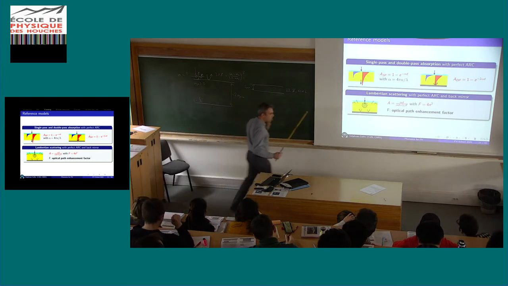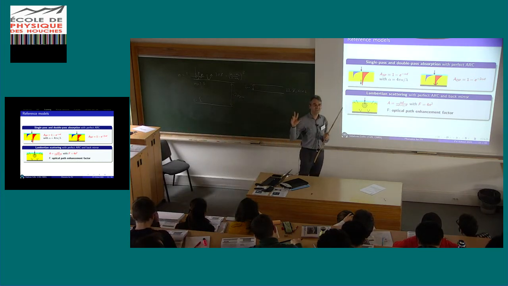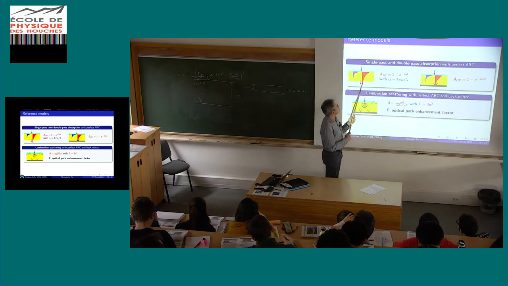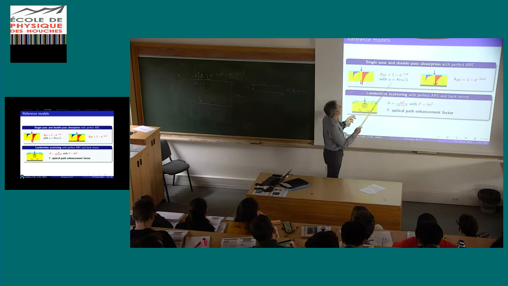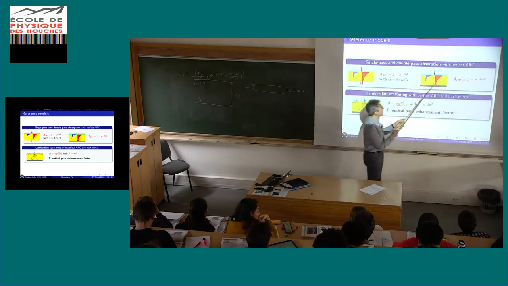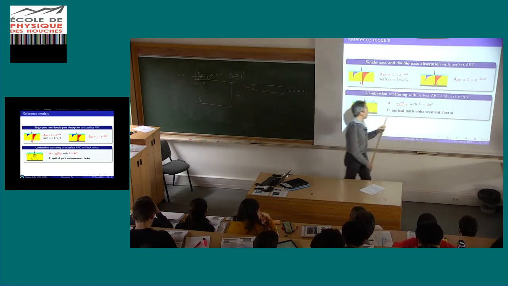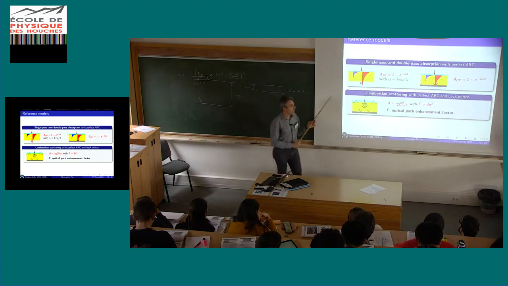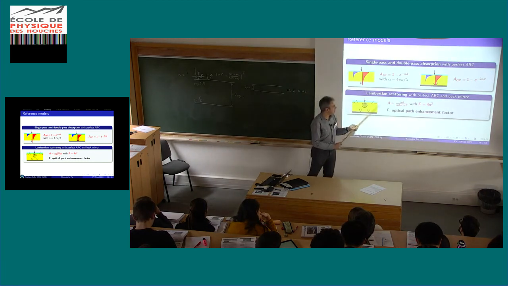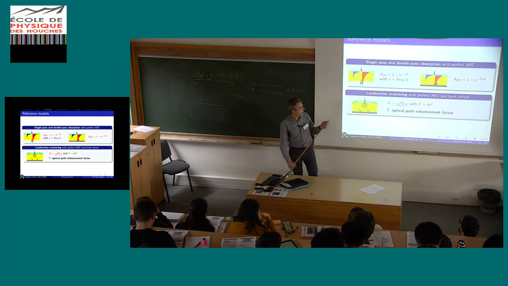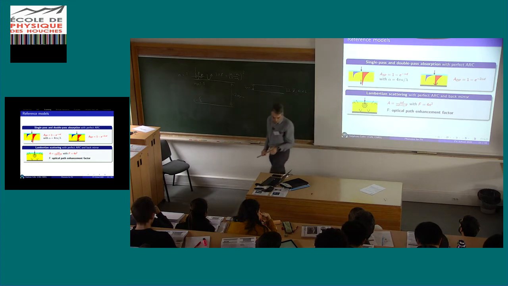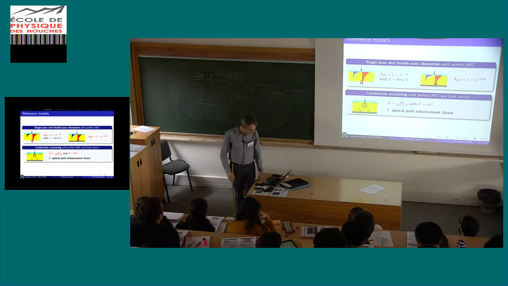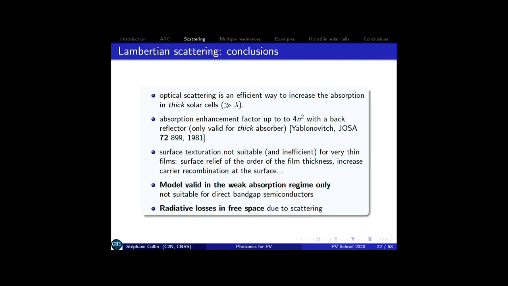So now we have three reference models. This is a limit if you have anti-reflection coating at the front side and at the back side: single pass absorption, double pass absorption if you have a perfect mirror, and if you have Lambertian scattering, you can have this kind of optical path enhancement factor. But definitely it's not a theoretical limit.